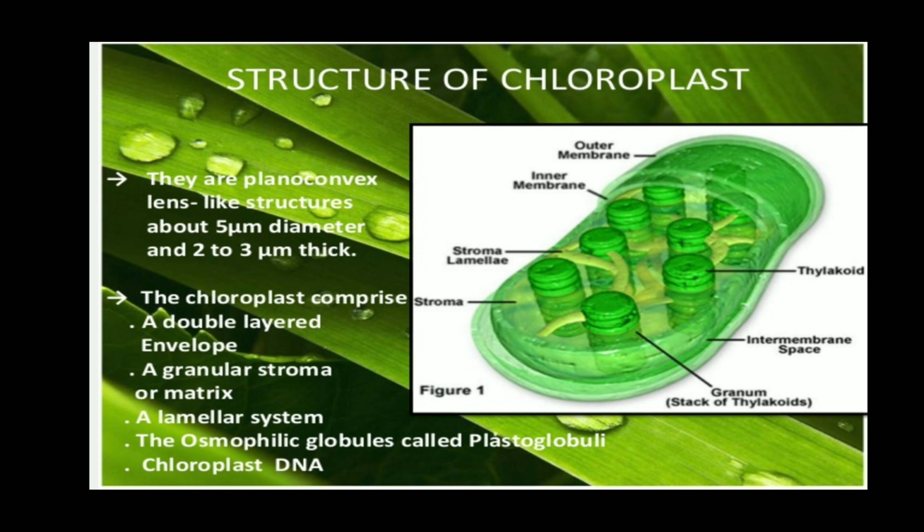So remember that the light reaction is a kind of photosynthetic reaction. So photosynthesis is divided into two types of reaction: light reaction and dark reaction. So light reactions are light dependent, and dark reactions are light independent.